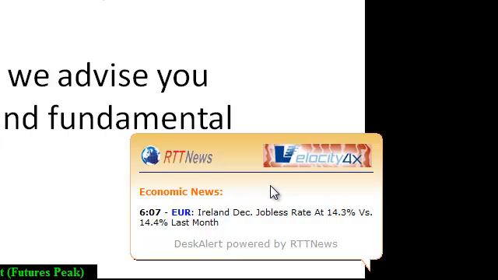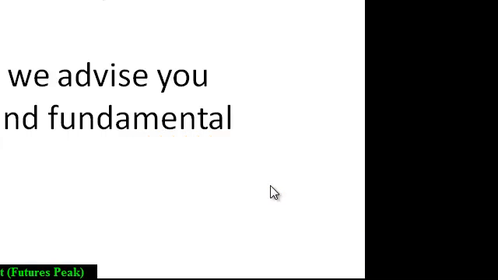So when you know the flow of the market, you make up your mind based on the overall sentiment whether to go with the flow or not. In order to take care of this drawback and remove this bottleneck of not exactly knowing where to enter or exit, we advise you to combine your market sentiment approach with technical and fundamental analysis.